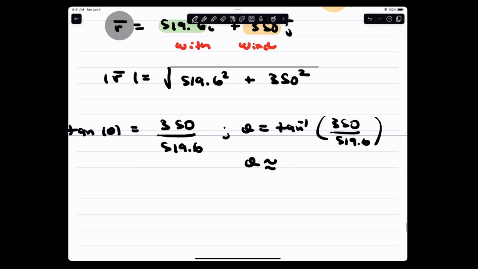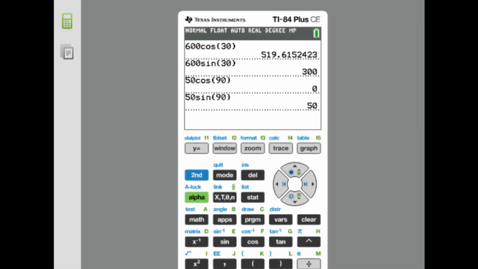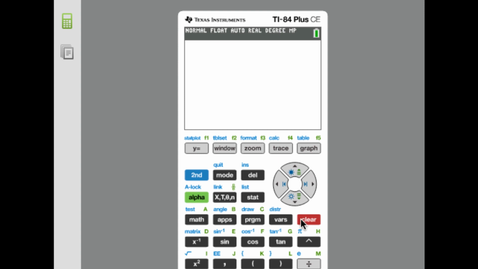Okay, so let's find out what these things are. Square root, what do we get? 519.6 squared plus 350 what? Squared. What do you get?